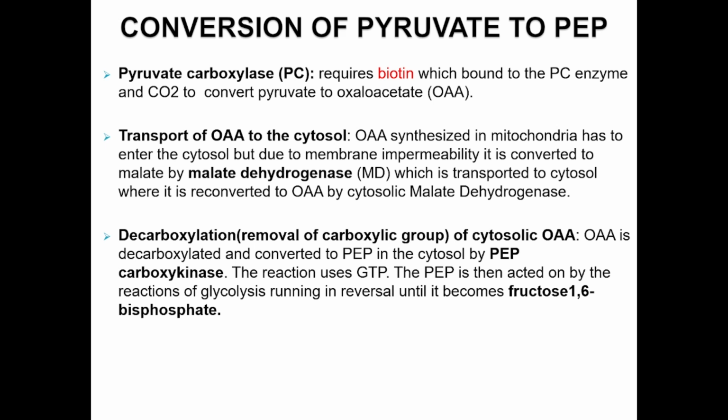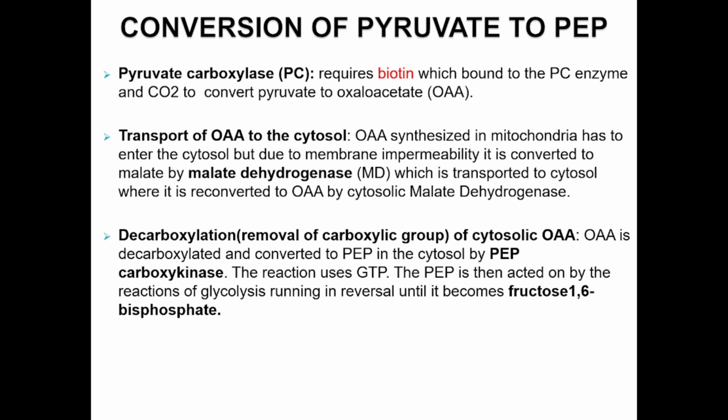So at the first step, we convert pyruvate to oxaloacetate. Okay? And oxaloacetate synthesized in the mitochondria has to enter the cytosol, but due to membrane impermeability, the oxaloacetate cannot leave the mitochondria.